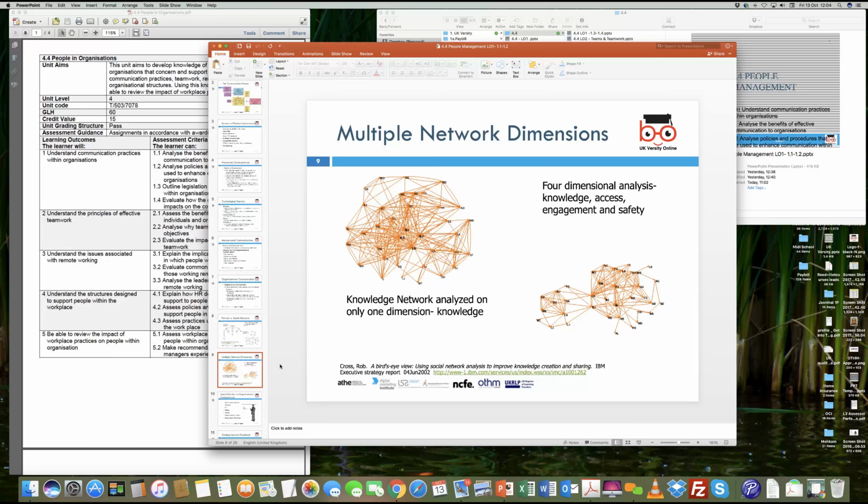So some of these organizations allow the structures to work, but also create something called an intranet or a facility within which you can access information at the touch of a button.